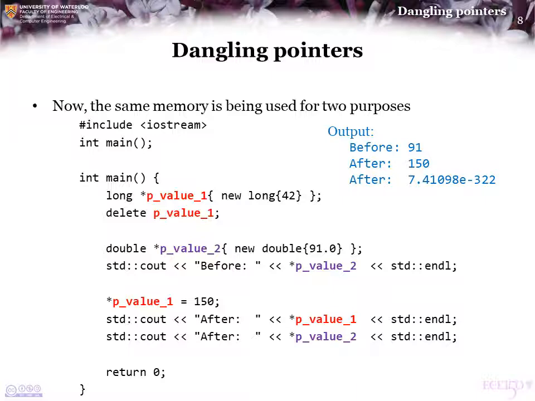We get 7.41098 times 10 to the negative 322. This is actually what happens if the bits that store 150 are interpreted as if they were a double precision floating point number. So if you accidentally reuse a local variable that has been deallocated, you may get very unlucky and you may now be using the same memory location for two completely different reasons.